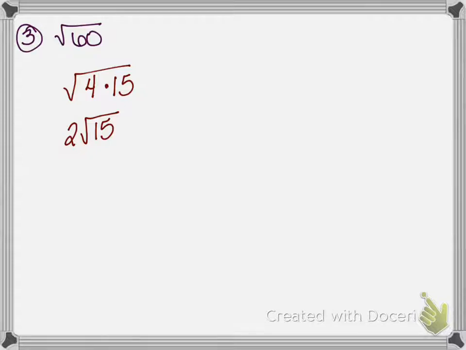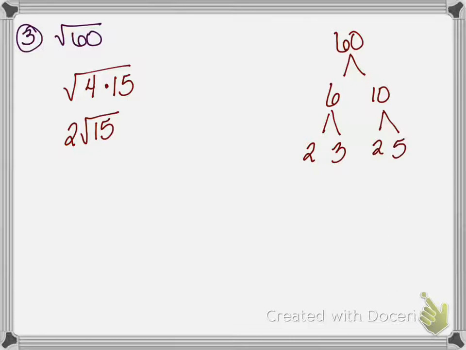Now, if you don't know that 4 times 15 is 60, this is what you can do. You can break it down into primes. I can say, okay, 6 times 10. Then I've got 2 times 3 and 2 times 5. So inside my square root, I'm going to have 2 times 2 times 3 times 5.